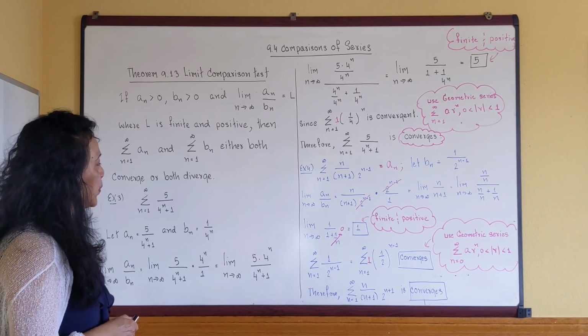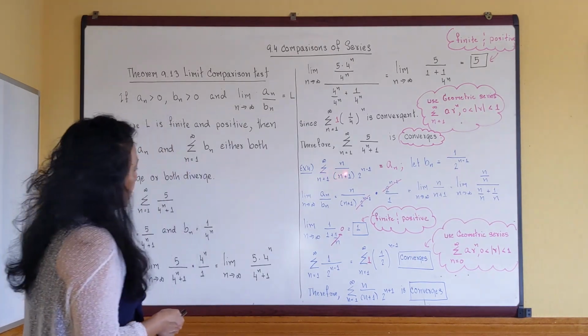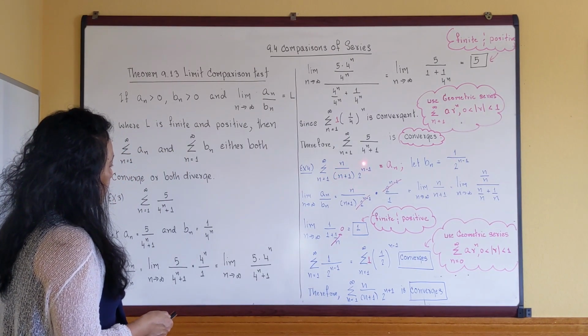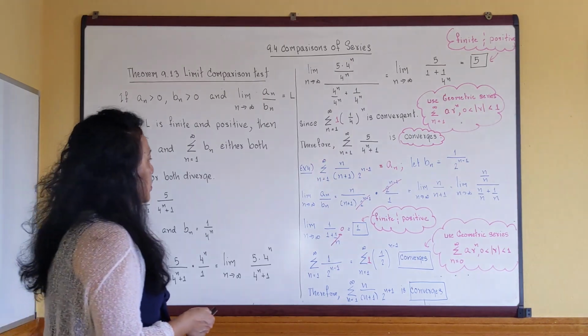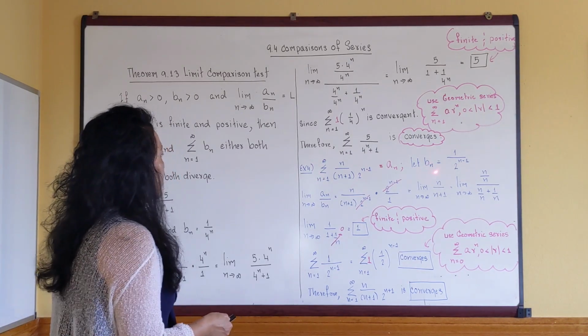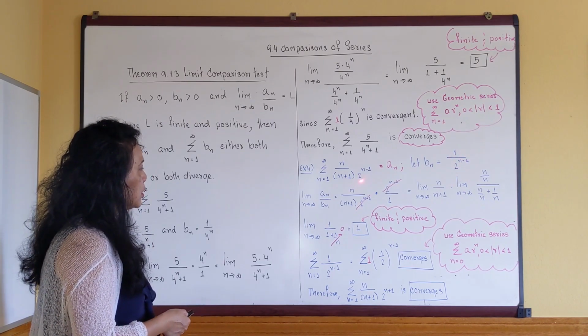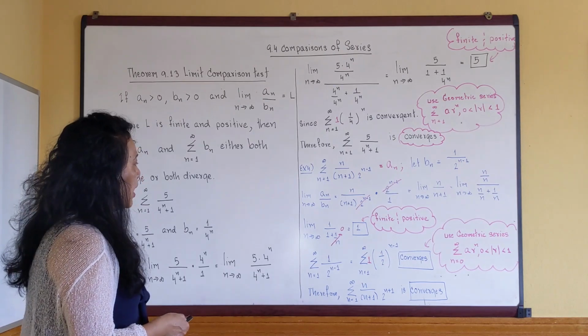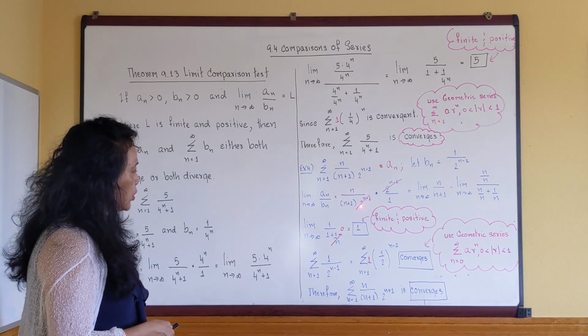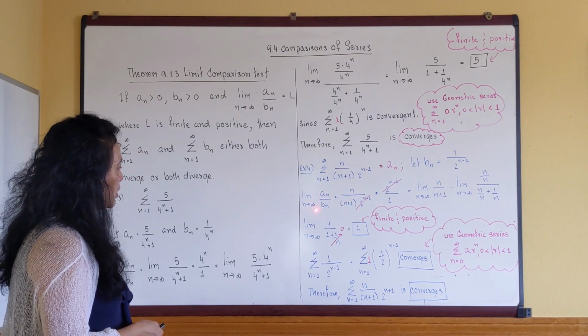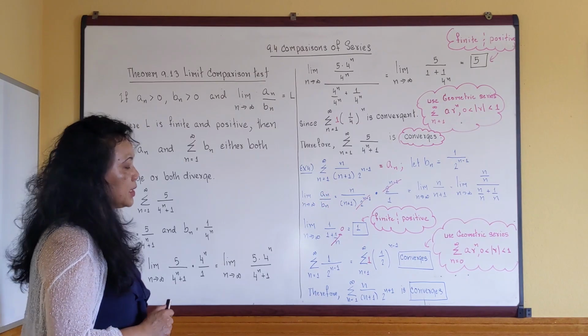Let's look at the next one. The next one, I have this series. I let my b sub n be equal to 1 over 2 to the n minus 1, which is very similar to this one. Again I put them in a ratio, the limit as n goes to infinity of a sub n over b sub n.